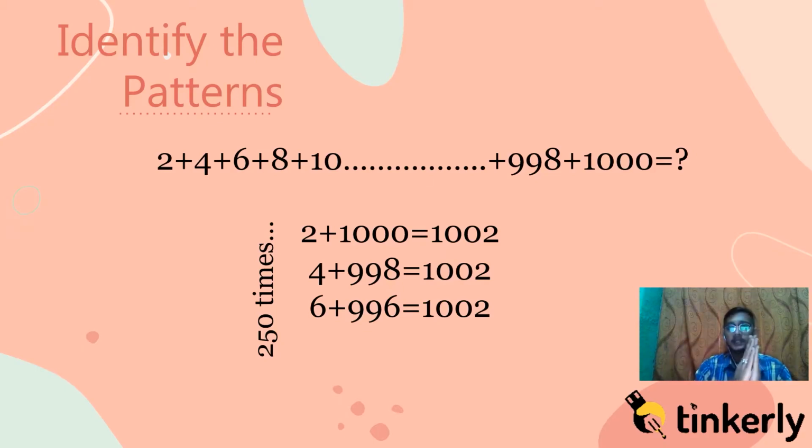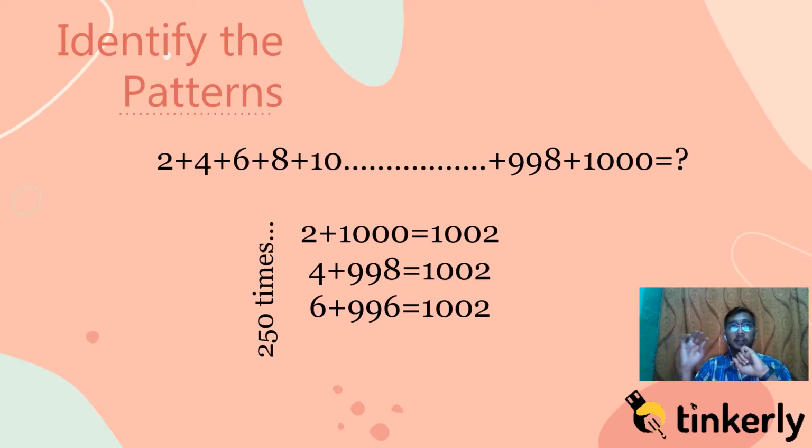So how many steps do you take to reach that middle point? 2 plus 1000 is one step, 4 plus 998 is one step, 6 plus 996, like that. So this is 250 times. You have to do it 250 times, but you get the same number, 1002.